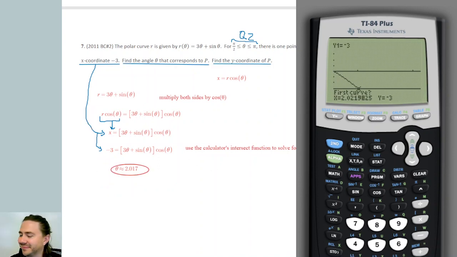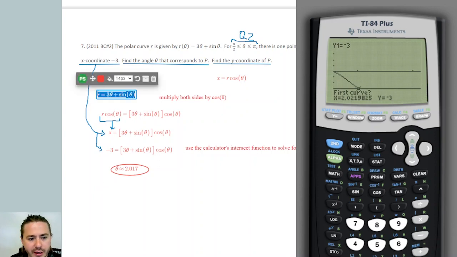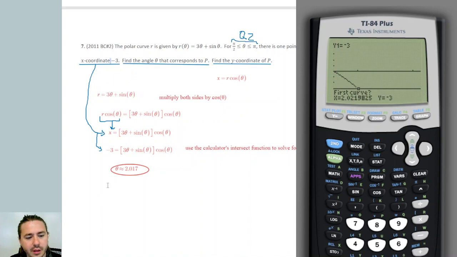Now we can find r using the equation that we have: r equals, and I already have it written up here, and in each instance of theta I'm going to plug in 2.017.